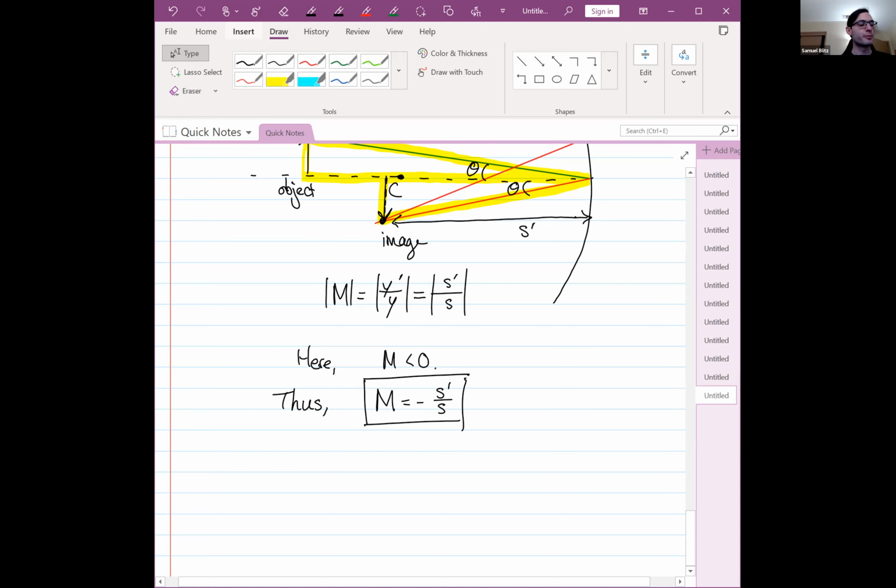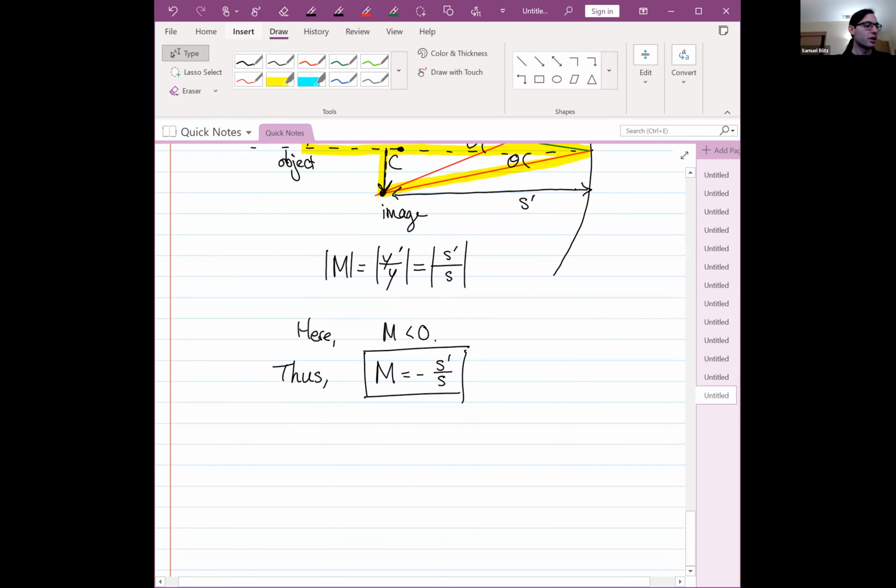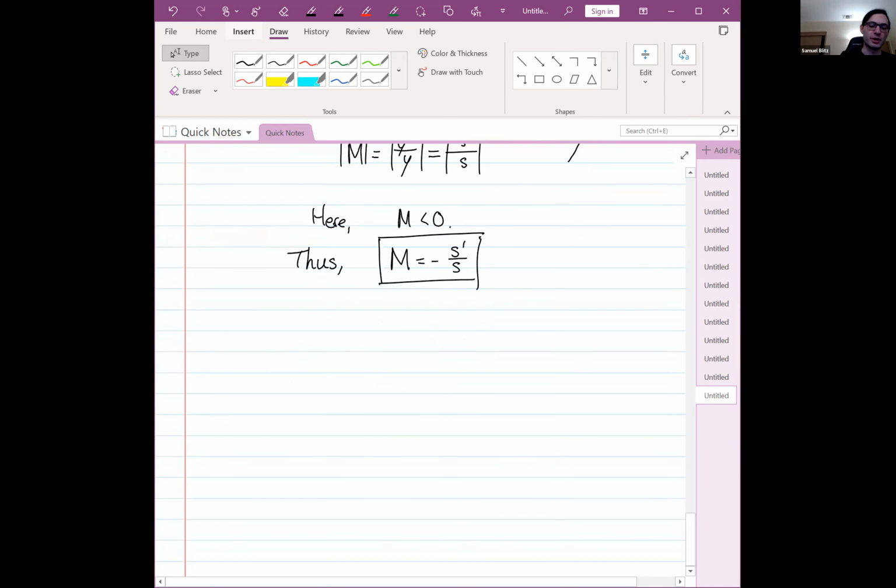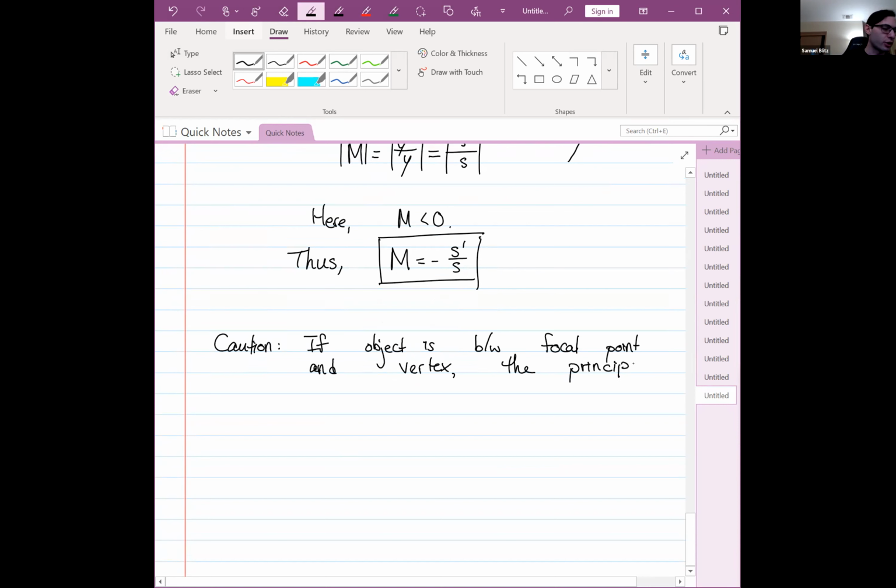Now, just as a word of caution, if the object is between the focal point and the vertex, this is for a concave mirror again, the principal ray passing through the focal point, remember one of them passes through the focal point, right? And then it reflects off parallel to the optical axis.